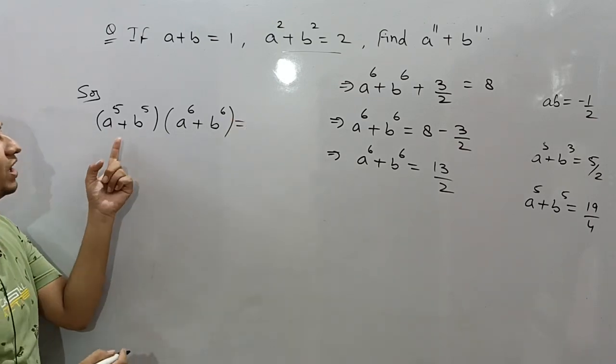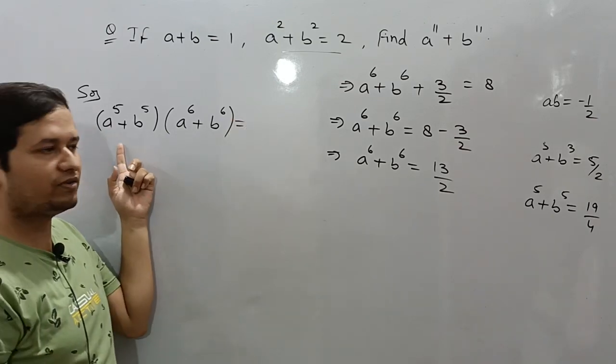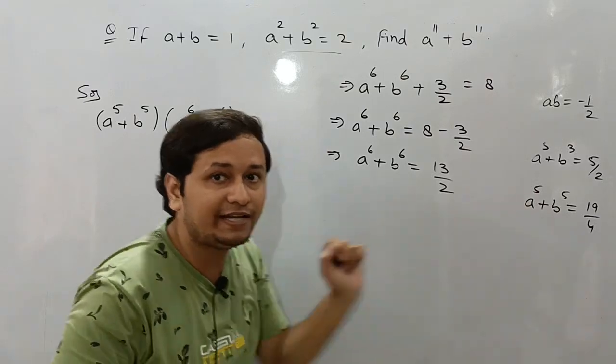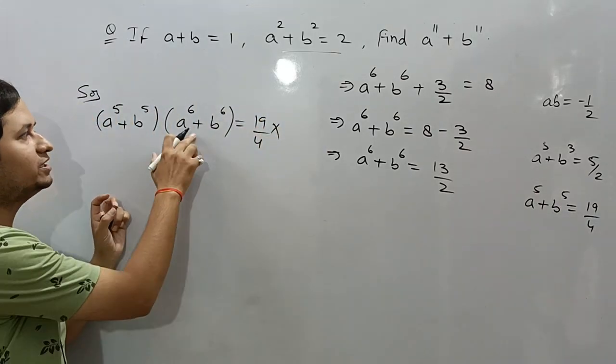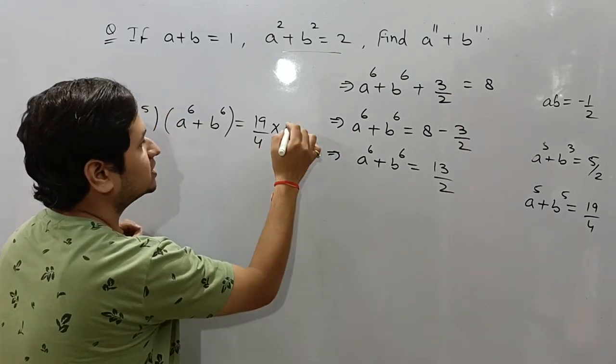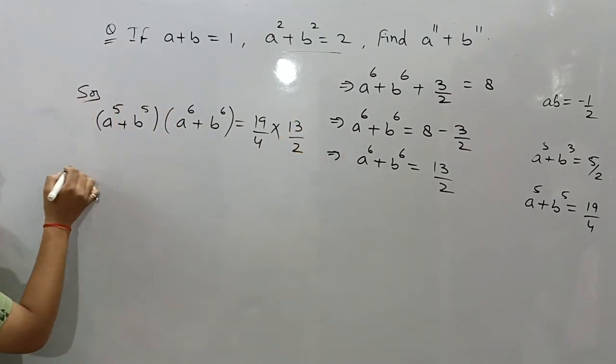Now what is the value of a^5 + b^5? 19/4. And what is the value of a^6 + b^6? 13/2.